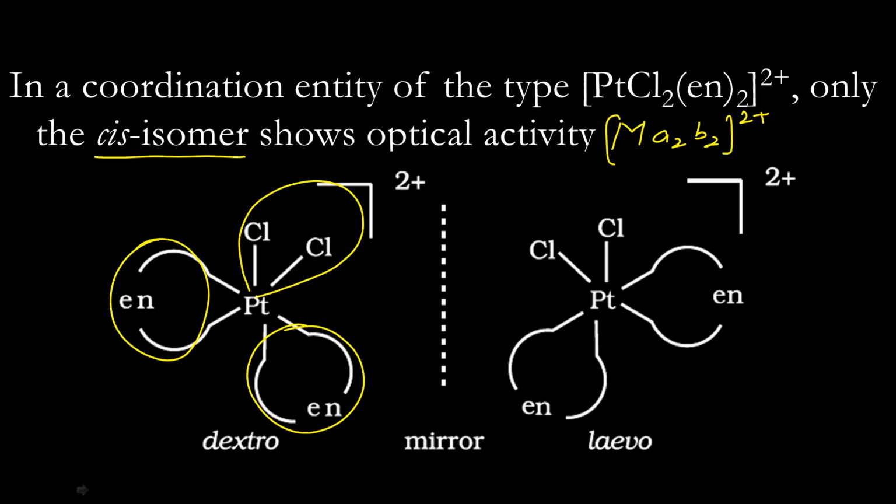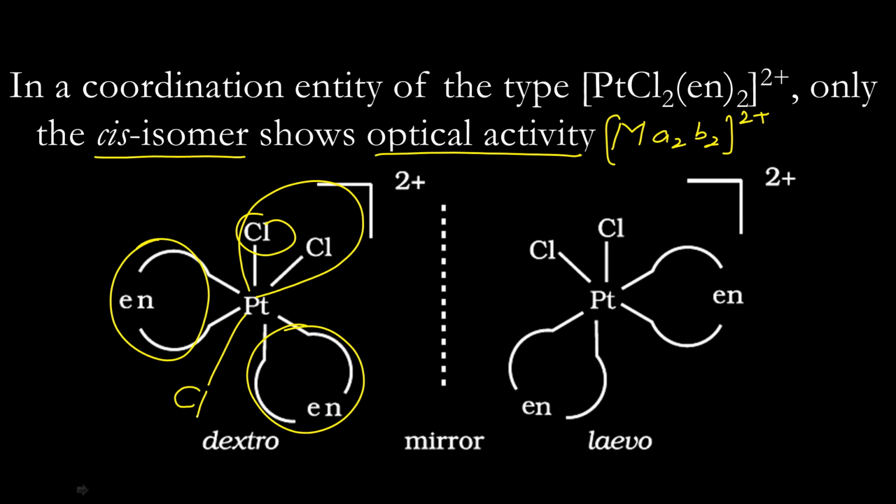So it will show optical activity. But the trans form means these two chlorines are on opposite sides. That will not be chiral. That will be superimposable. So this much you should remember, otherwise you will forget that in this case only the cis form will be chiral and show optical activity.